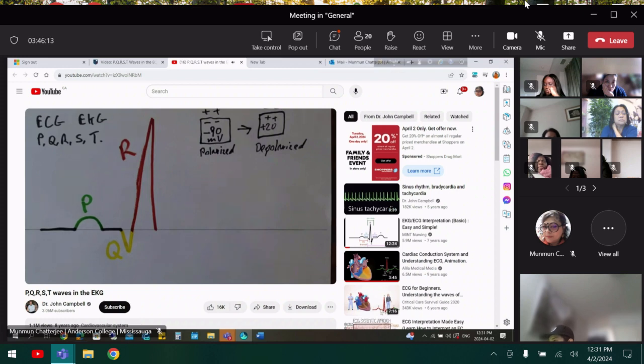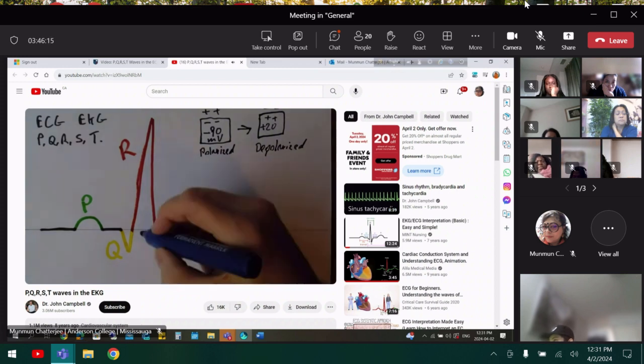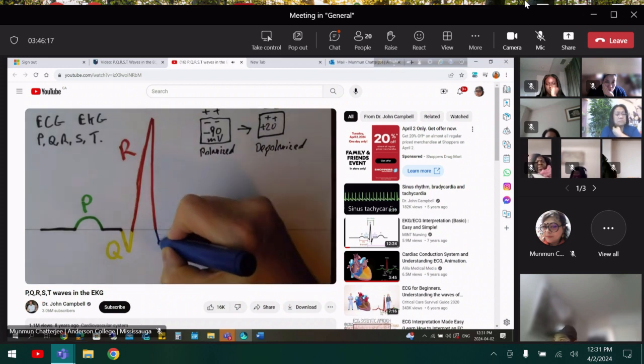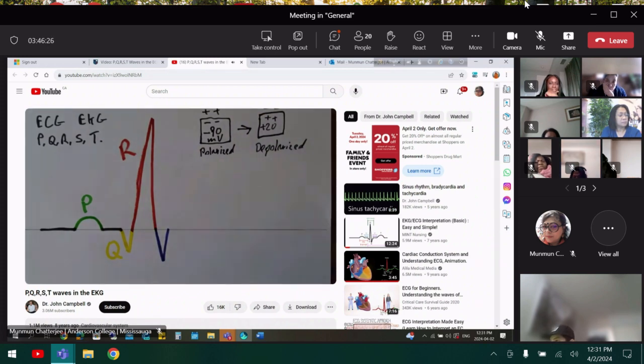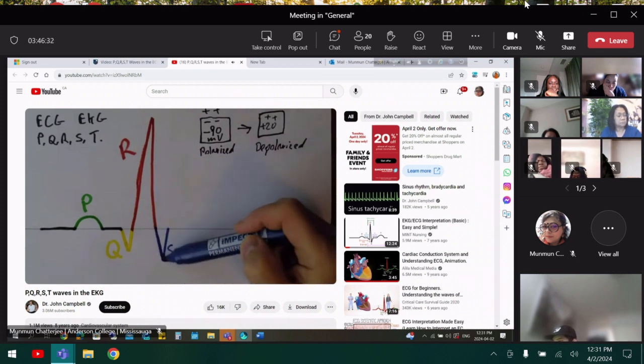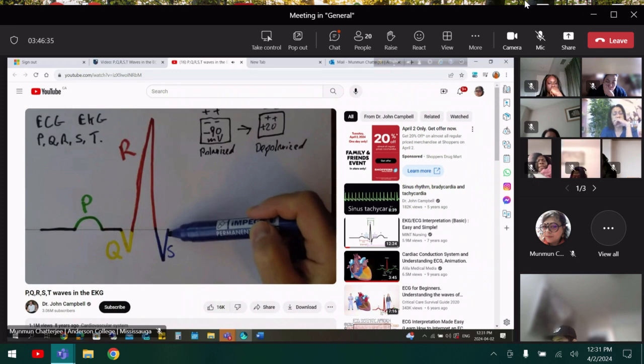And then after that, this line actually carries on below the isoelectric line and then goes back up to it. So it's P, Q, R, so that's the S wave there. And again, we notice the S wave has got this downward deflection followed by an upward deflection.